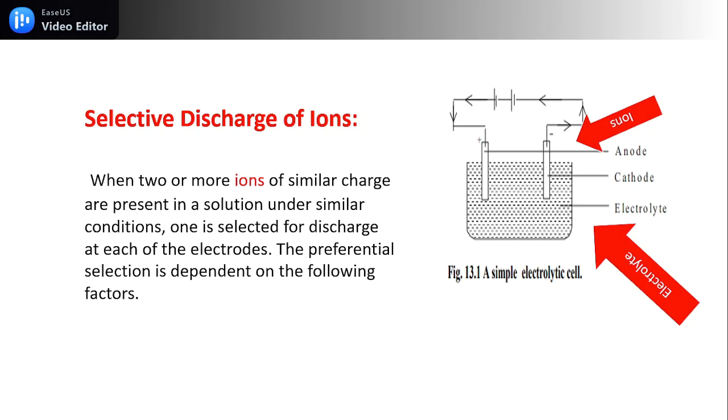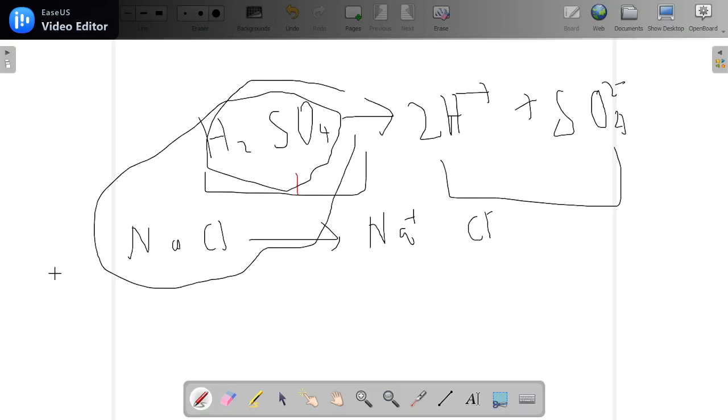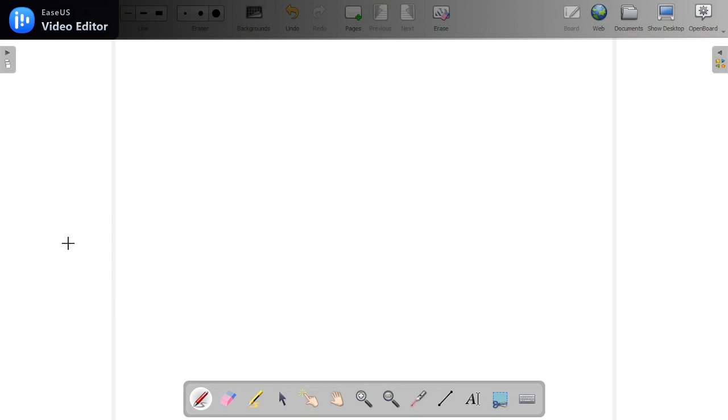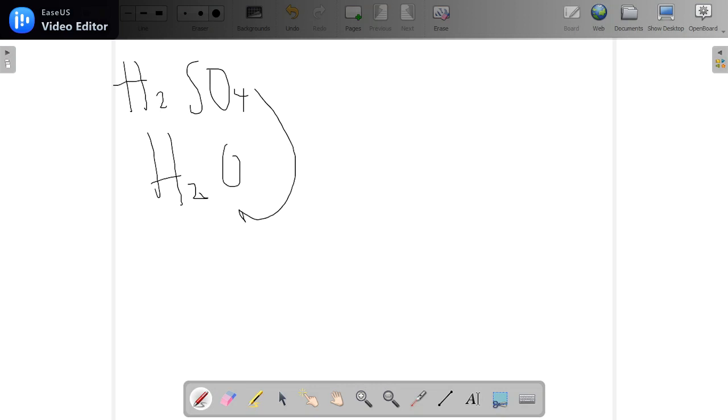For example, when we have H2SO4, the tetraoxosulfuric acid, and we have H2O, water, when these two react, that's when we can obtain the aqueous solution of this.